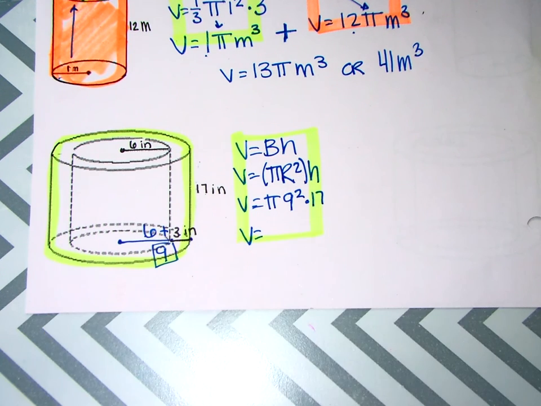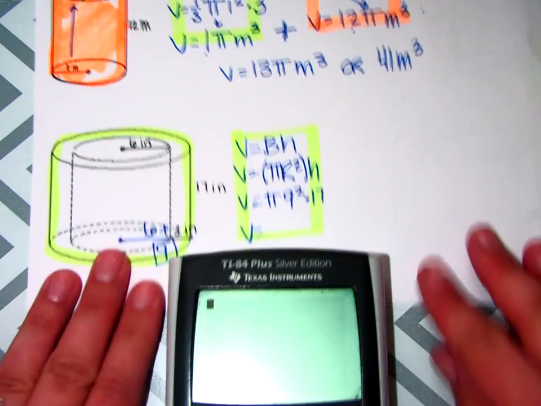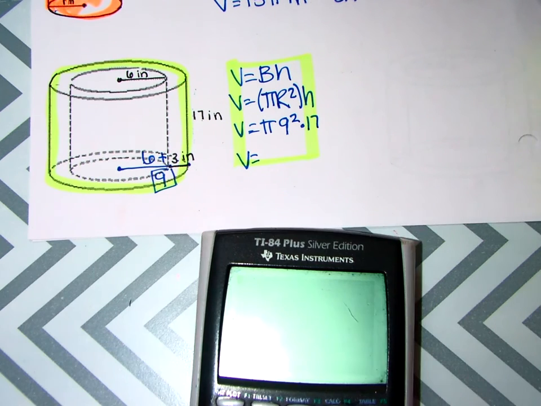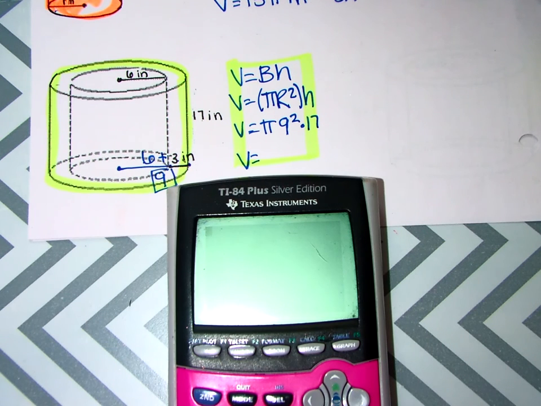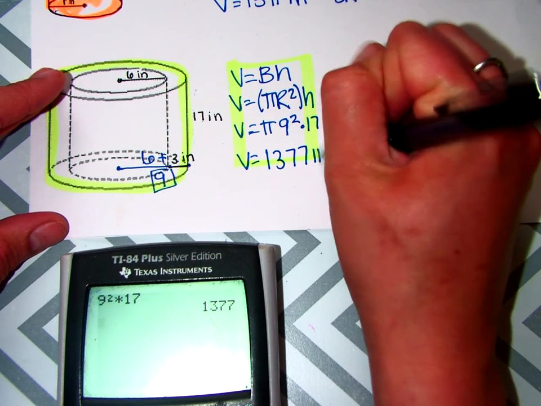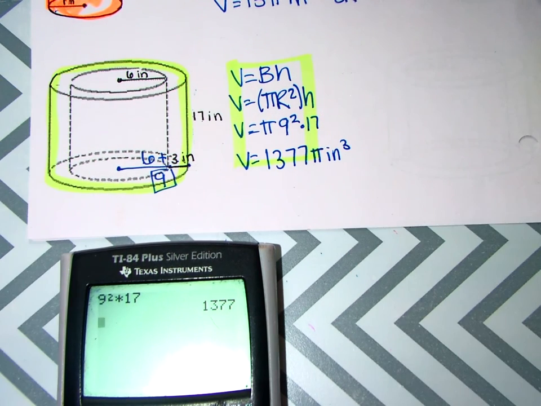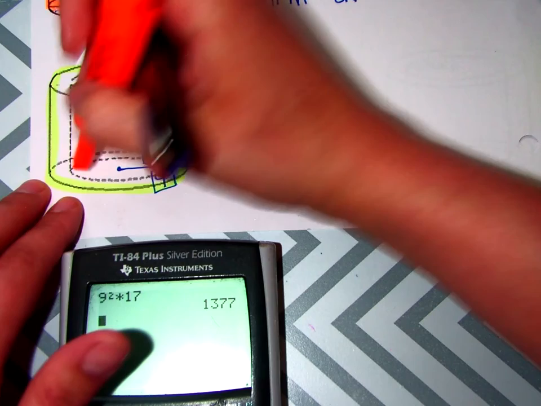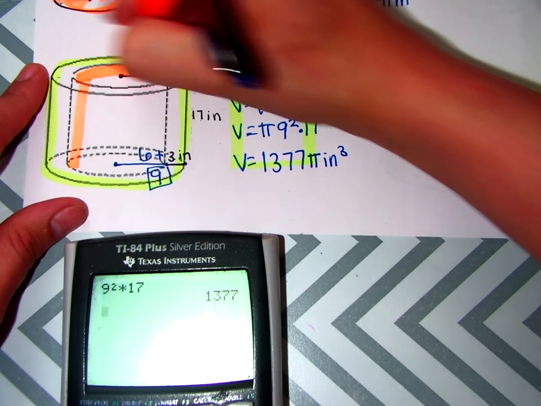So let's go ahead and type that in. Remember, we're going to keep it exact volume just to make it a little easier on ourselves when we simplify. 9 squared times 17 gives us 1,377. So 1,377 pi inches cubed.